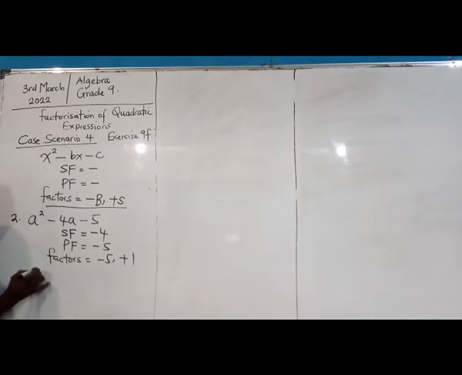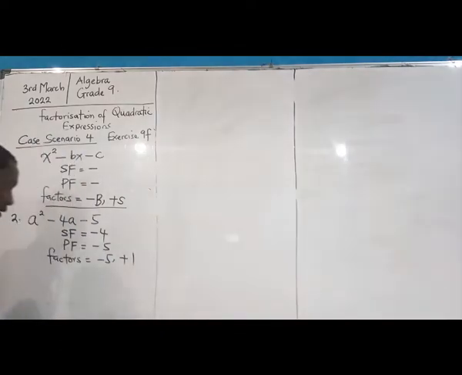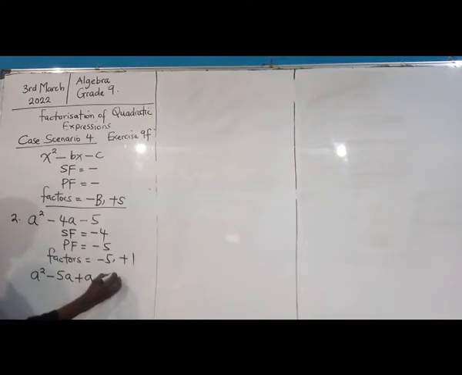So the next thing we now write is to put this one here. Remember we said that we write the negative first. Do you understand? Yes. So this will be what? A squared minus 5a plus a minus 5, sorry about that. So we factor a out, that will be a minus 5 plus 1.